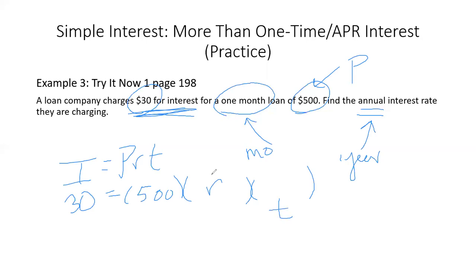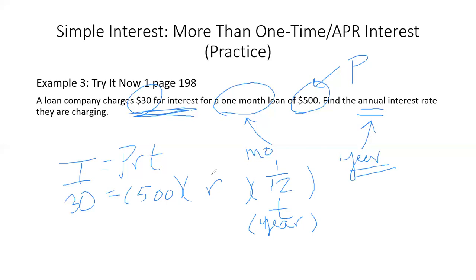Over here for time, I find it's easiest, since we're looking for the annual interest rate, to express my time in terms of years. If I'm looking at 1 month, 1 month is 1/12 of a year.